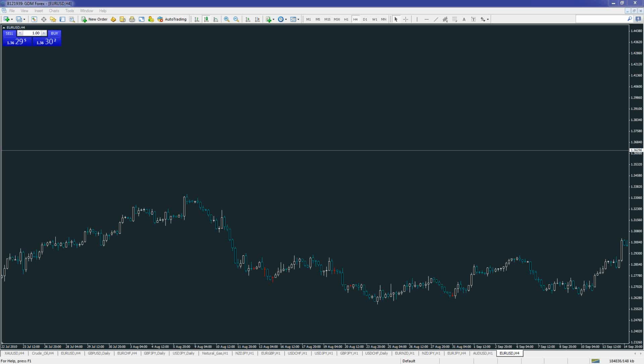Now, as we can see from the chart right now, we're talking about the euro-dollar. We specifically chose this currency pair because it's one of the most popular currency pairs traded out there.